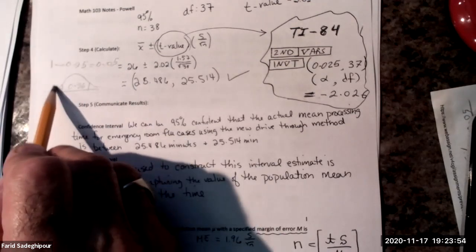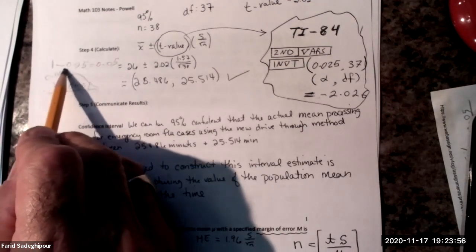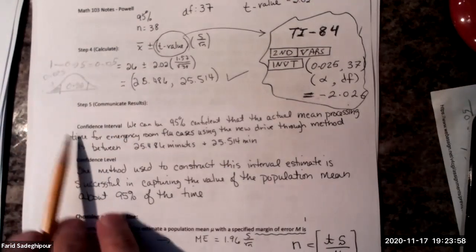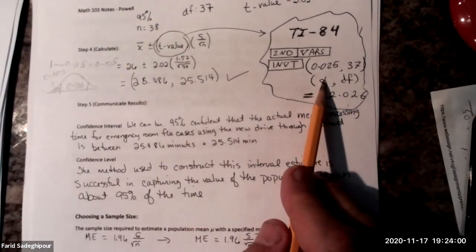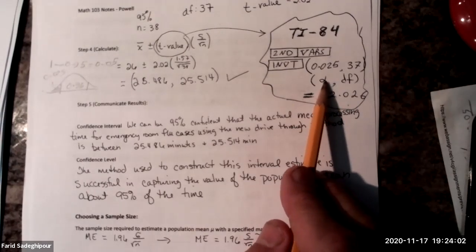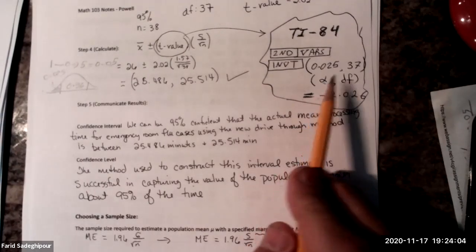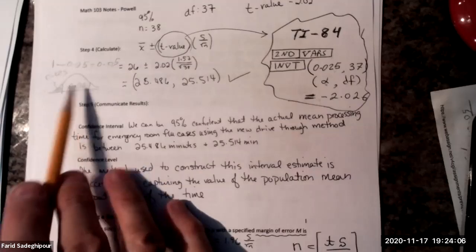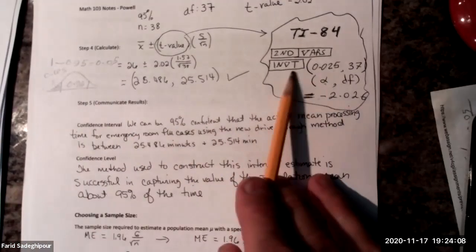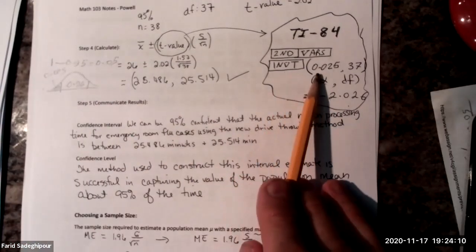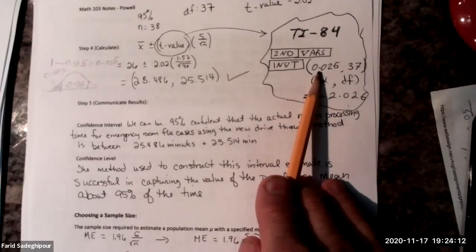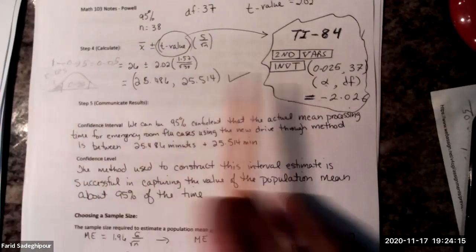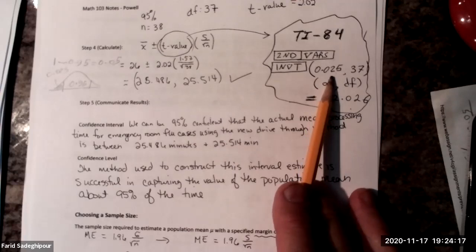The area of one tail is 0.025. So to calculate inverse t, you need to put that alpha, which is the area of one tail, here. That's why we put 0.025. This is in case of two tails. In case of two tails, for inverse t, you have to put the area of one tail. Two tails is 0.05, but one tail is 0.025.